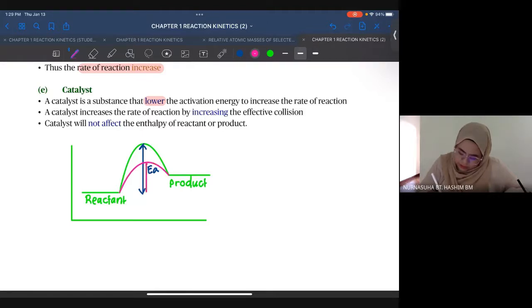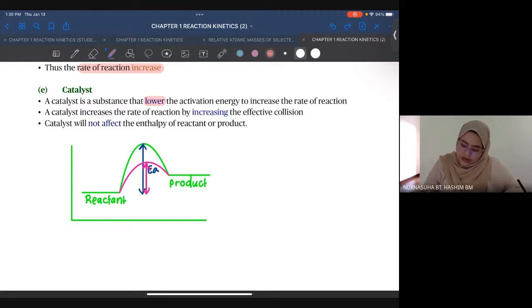Supaya bila bukit ni rendah, senanglah untuk reactant proceed to become product. That's what it meant by catalyst lower the activation energy.